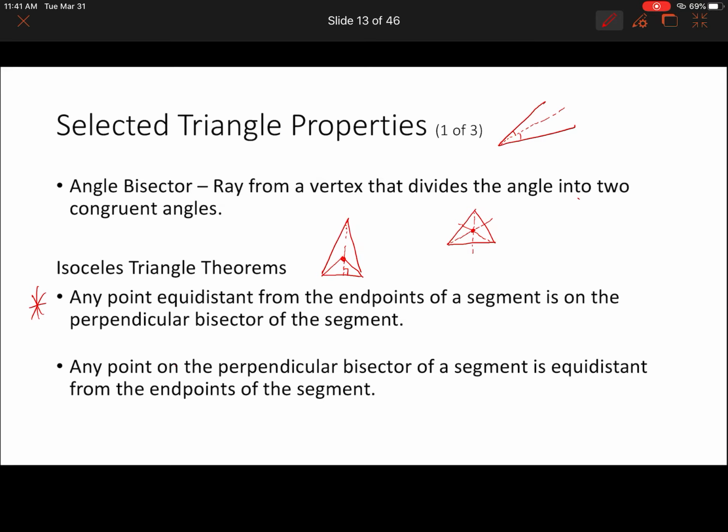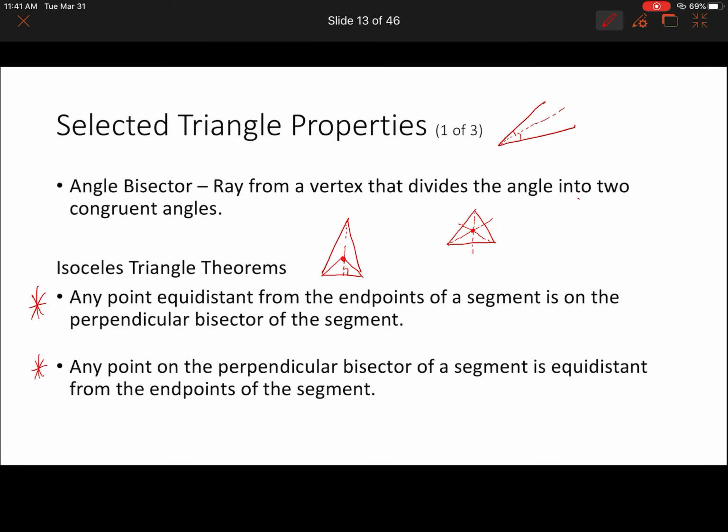Okay, so again, let me make sure you're clear on this. So we've got this triangle. We've got a perpendicular bisector. The first theorem says any point equidistant from those endpoints is on that perpendicular bisector.